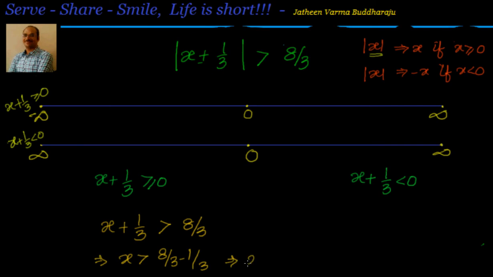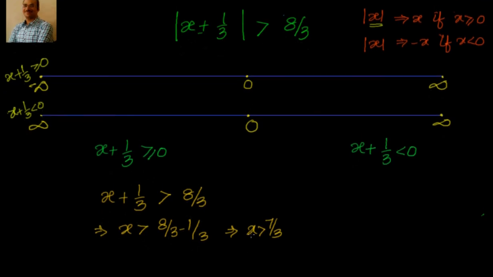That gives us x greater than 7 by 3. Now what is the meaning of x greater than 7 by 3? The meaning of x greater than 7 by 3 is the values can range from 7 by 3 excluding the boundary, and the end limit is not there, so it is nothing but infinity.